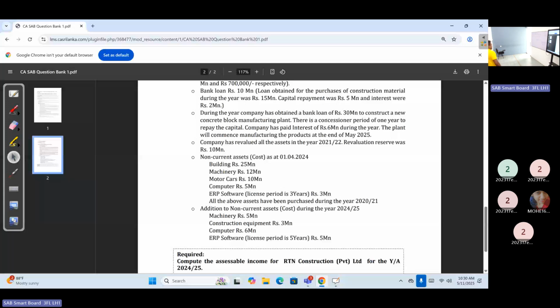Then 0.5. Then you need 500,000. 3 million and 50,000. So the difference is double income.